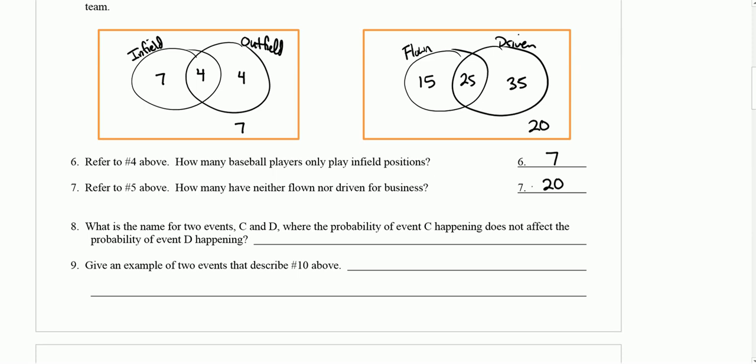What is the name for 2 events, C and D, where the probability of the event C happening does not affect the probability of D happening? Independent. Give an example of 2 events that are independent.